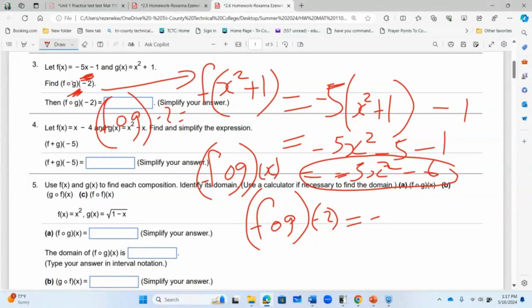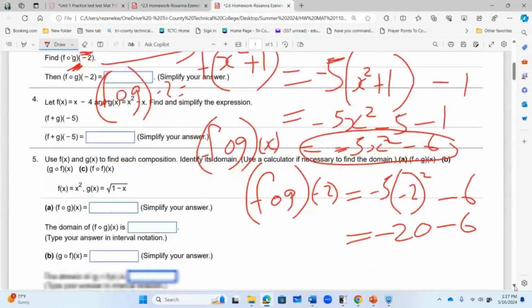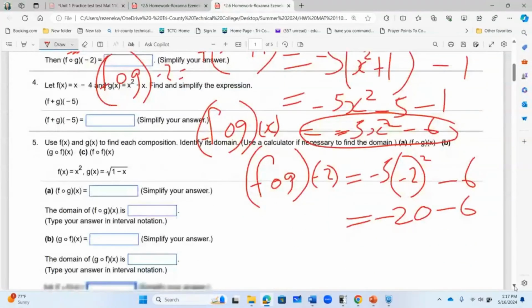So I have -5 times -2 squared minus 6. -2 squared is 4. 4 multiplied by -5 is -20. -20 minus 6 is -26. Therefore, f composed of g of -2 is -26.